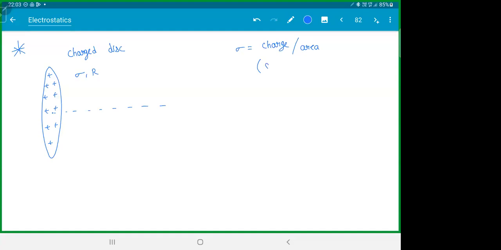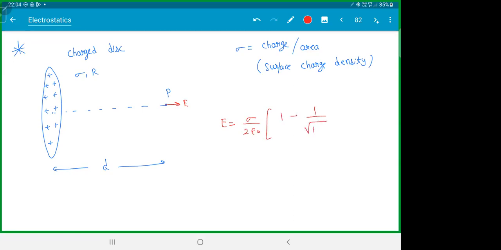This is also called the surface charge density. So if you have, at a distance d, at this point P, the field is given by, it's a big integration, but the result is more important. Sigma by 2 epsilon into 1 minus 1 by root over r square plus d square. Yeah, not that difficult to remember.